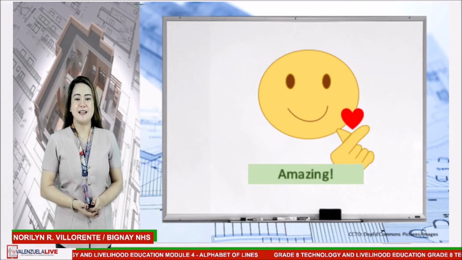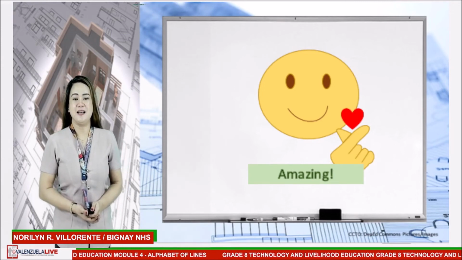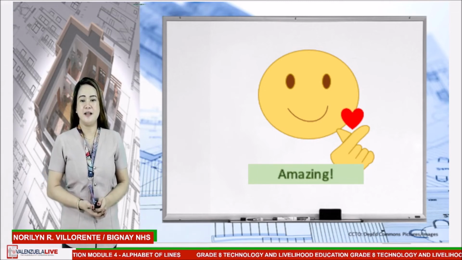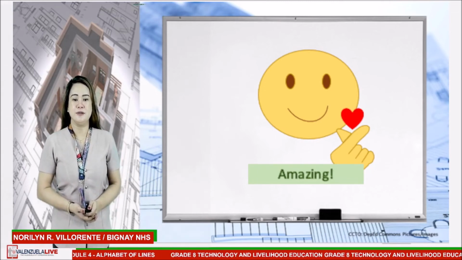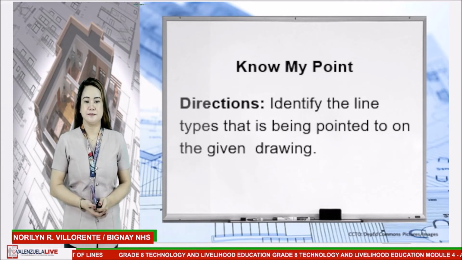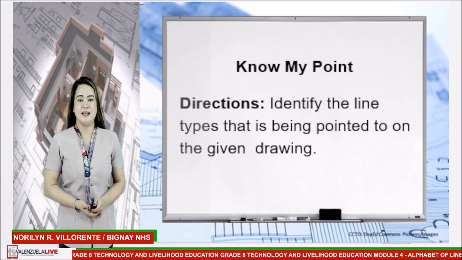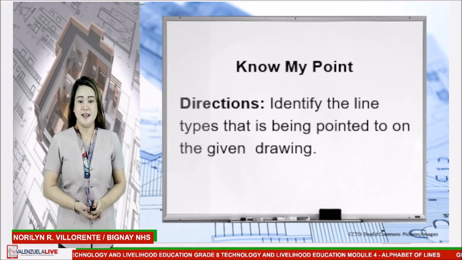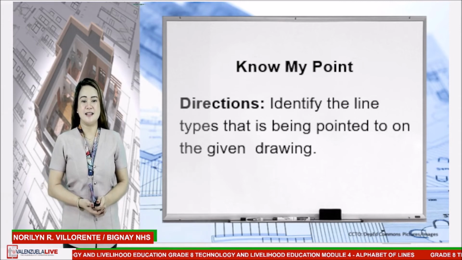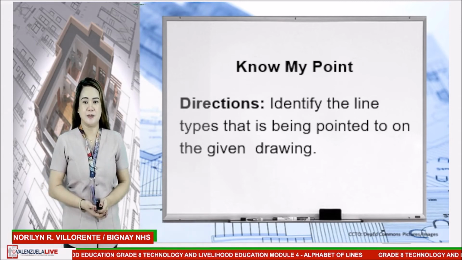Well done, class. And for those who got 7 and below, cheer up because I provide another activity for you to cope with. And if you have any question with regards to the lesson I discussed today, don't hesitate to ask assistance from your teacher on your follow-up discussion tomorrow.